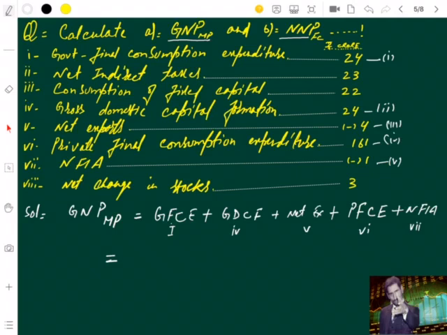Government final consumption expenditure is equal to 24, plus gross domestic capital formation is equal to 24 also.